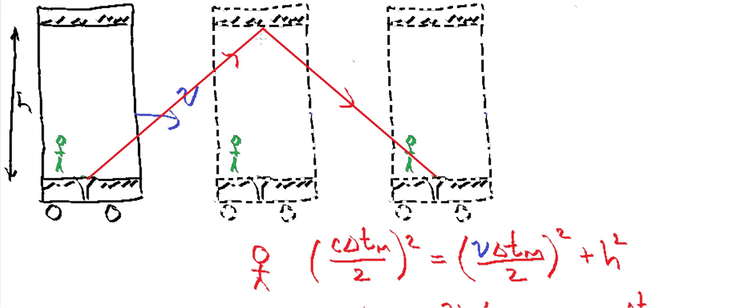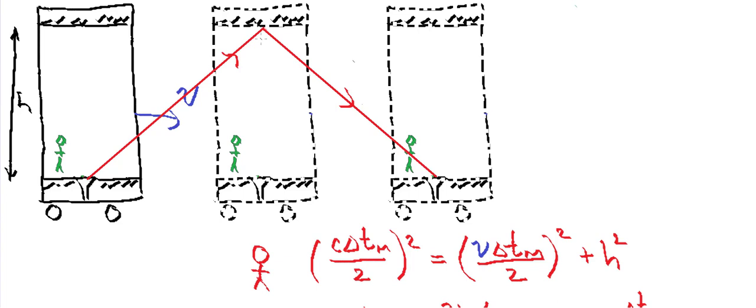Note that we can draw a pair of right triangles here, and we can sort out how long it takes for the light to travel this path by just using the Pythagorean theorem.